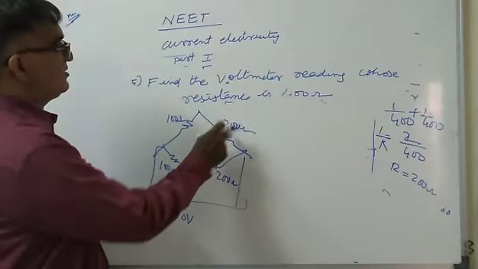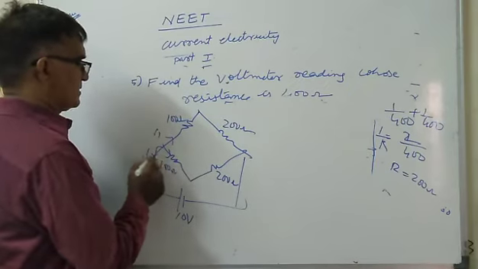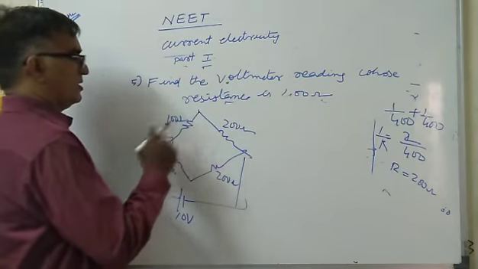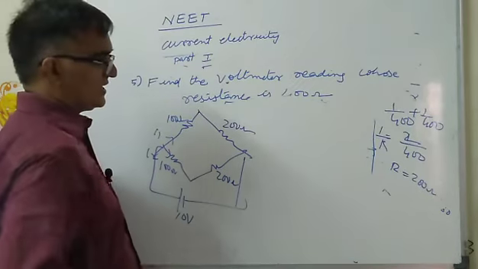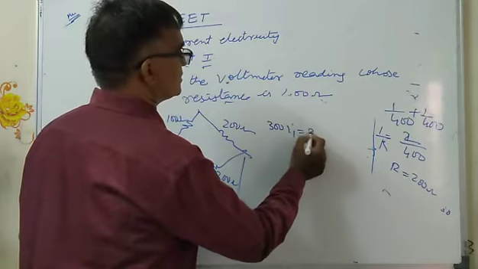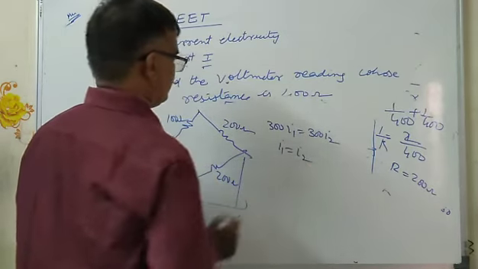Now see here in this, 200 ohms you have here. Now these are currents I1, I2. The current passing through this is the same as this. This is 0 here, that is, the 100 ohms is taken out because of the Wheatstone bridge. Now here 300 I1 is equal to 300 I2, that is I1 is equal to I2.